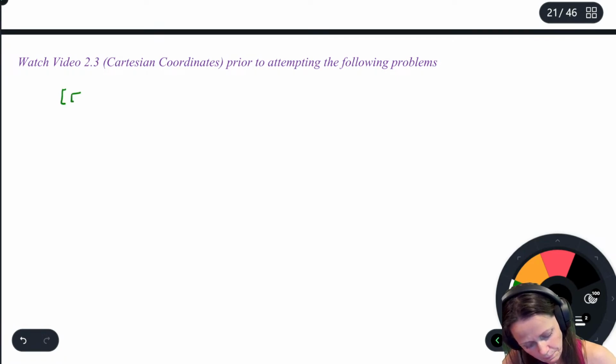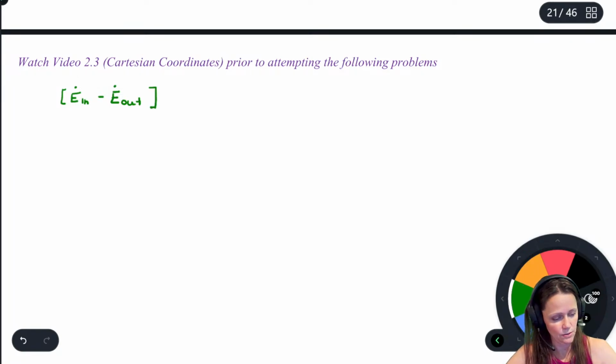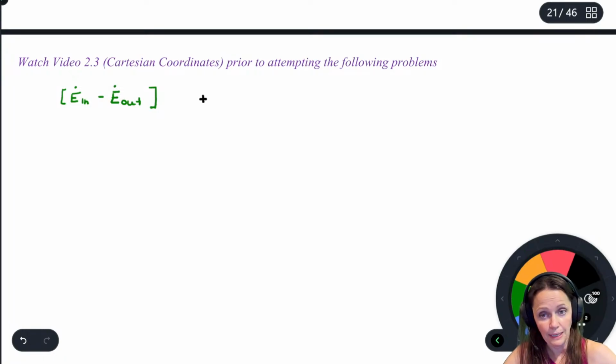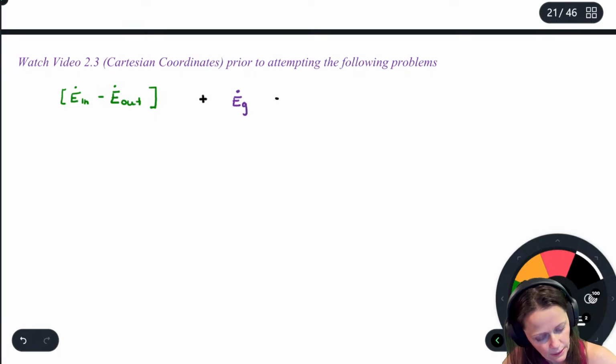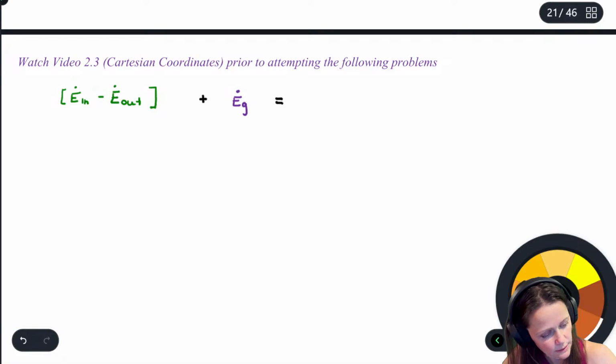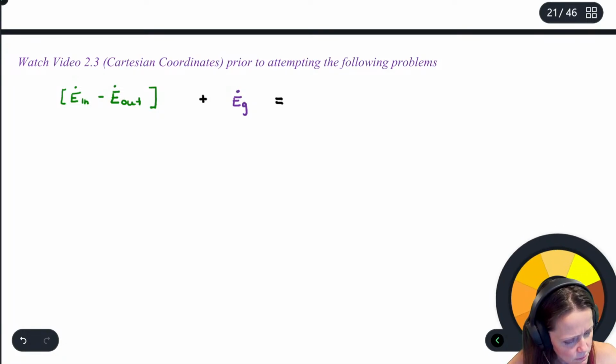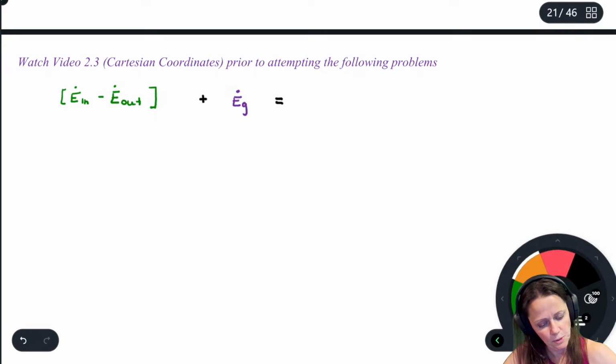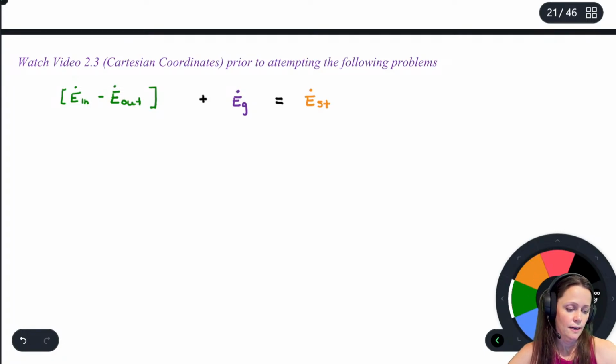I'm going to put my E dot in minus E dot out, in green, and my G dot in purple, and the other one, E dot ST, in orange.